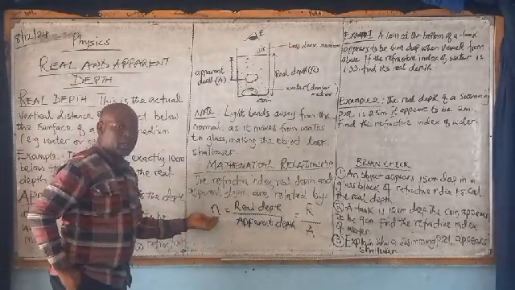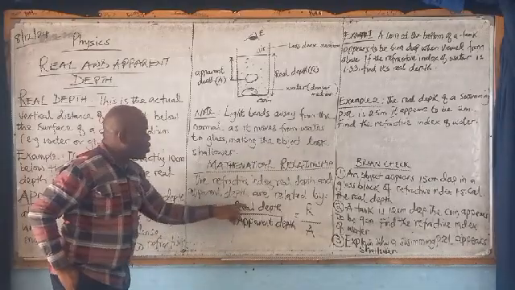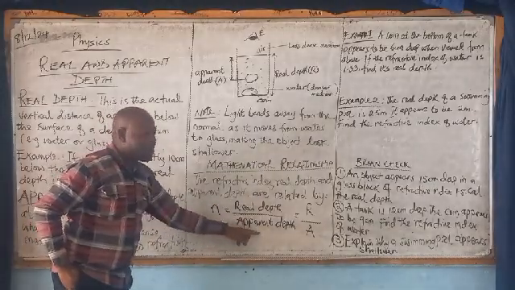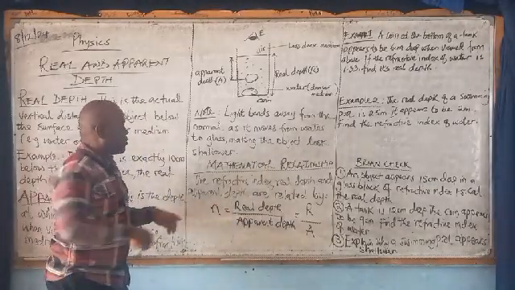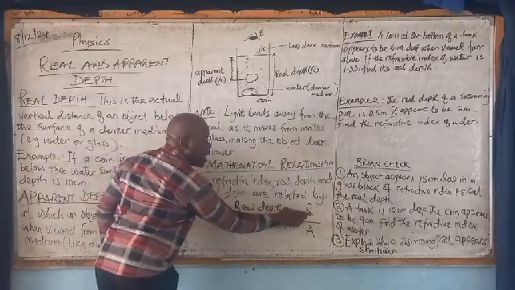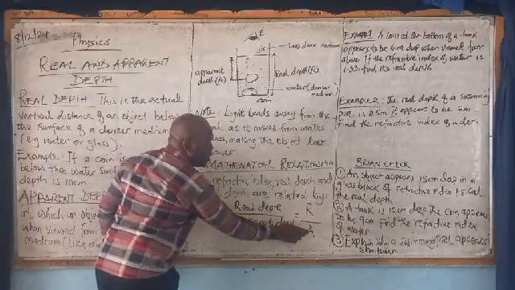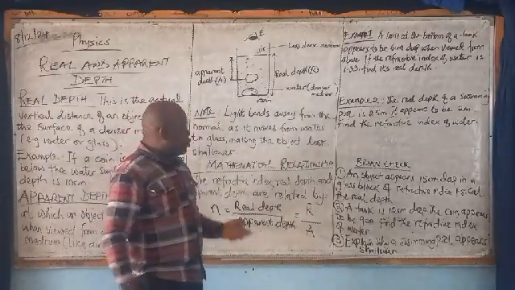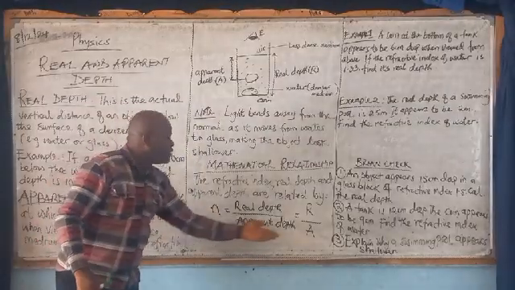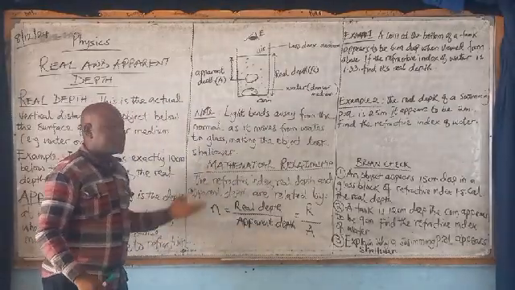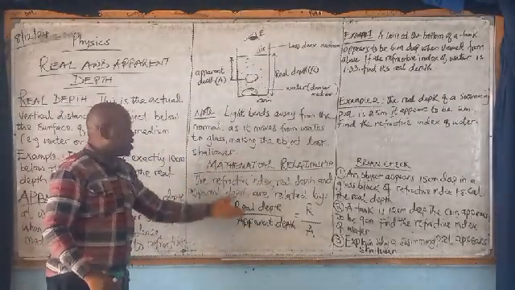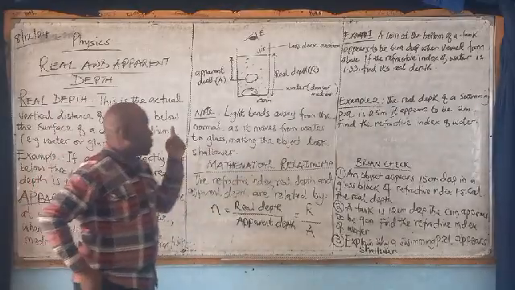Refractive index, which is this symbol, is equal to real depth over apparent depth. The real depth, we have given the abbreviation R, and the apparent depth is A. You can be asked to find any of these terms in WAEC, NECO, and JAMB.